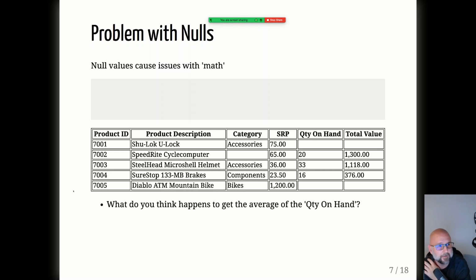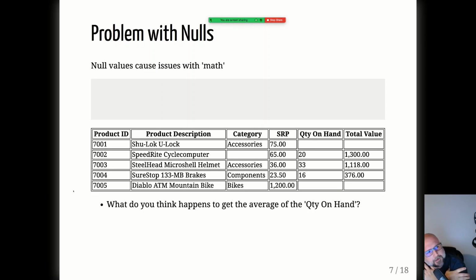If you ask your database to add 3 plus 4, what do you think it tells you the answer is? 7 is the right answer. 3 plus null, what do you think the answer is? Null. The answer is null.